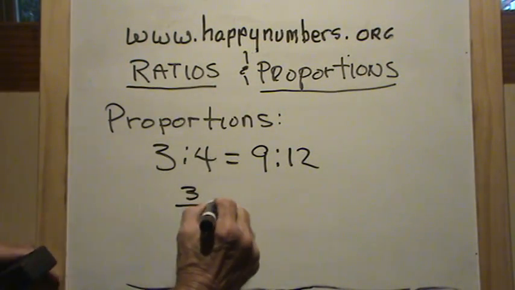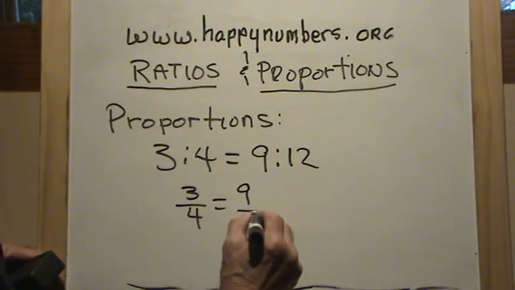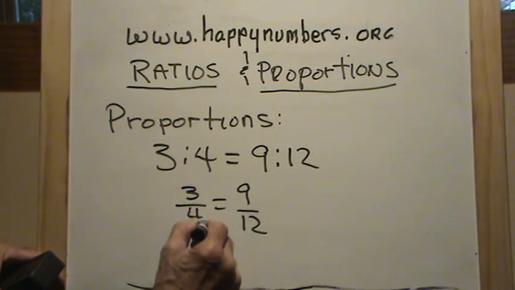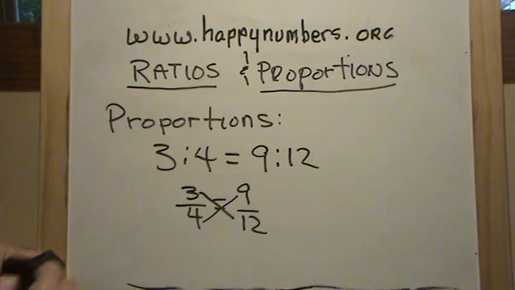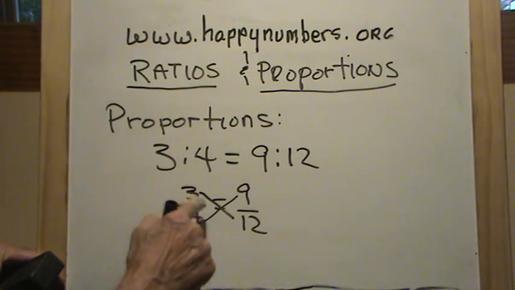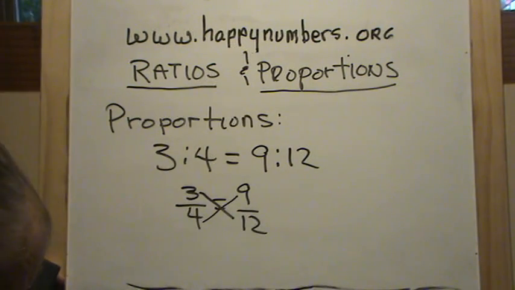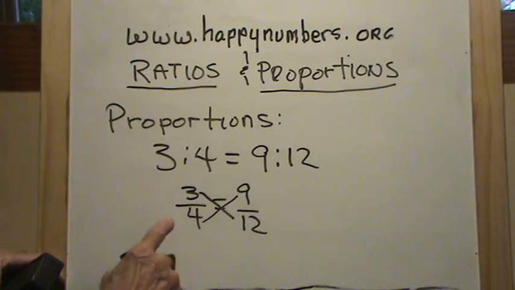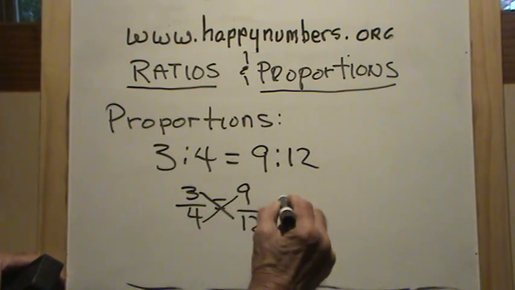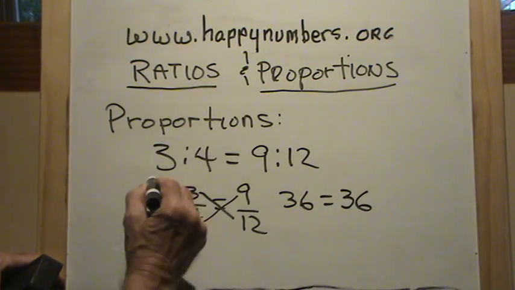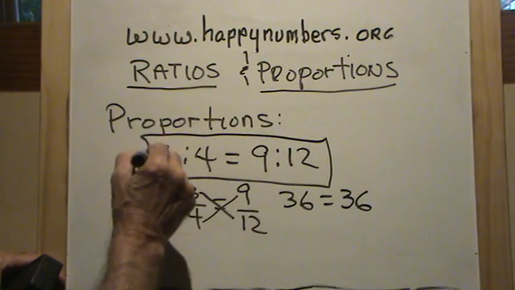And we know that if the proportion is true, if we cross multiply, our products will be the same. Remember, product is the answer to a multiplication. So 4 times 9 is 36, and 3 times 12 is 36. So this is a true proportion.